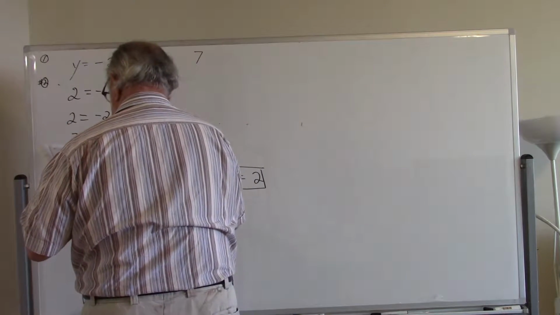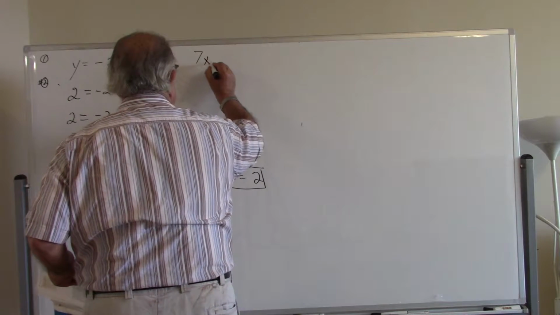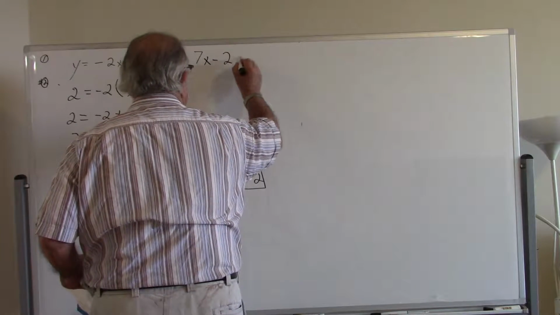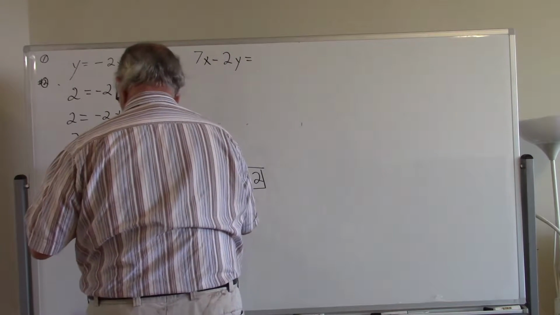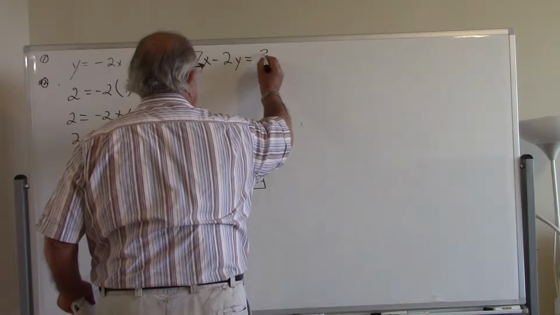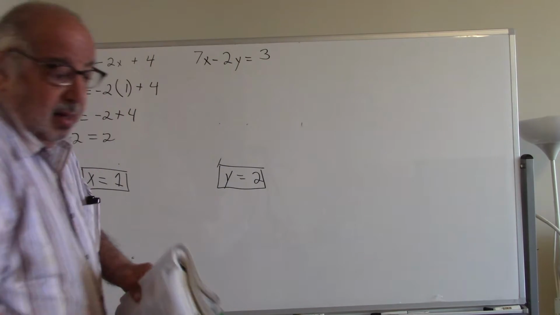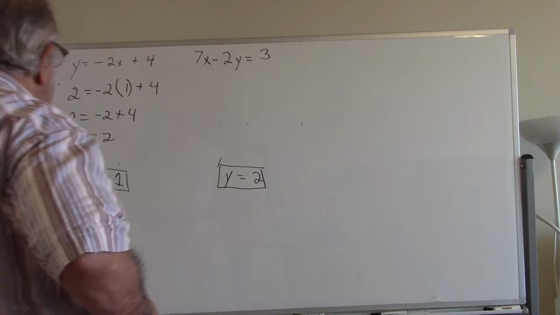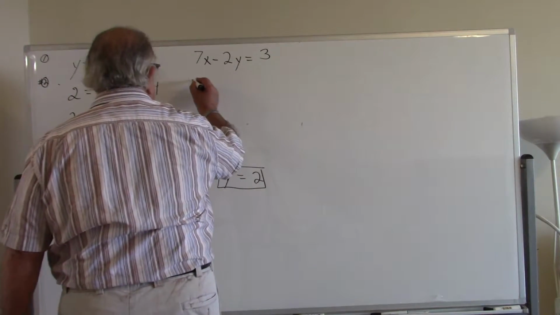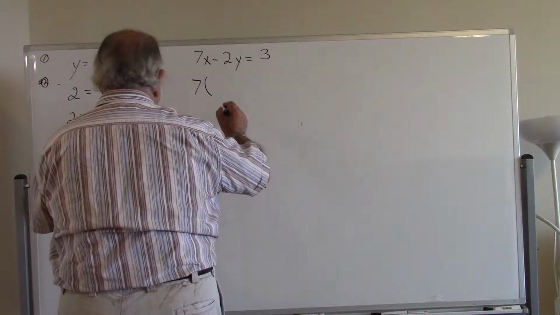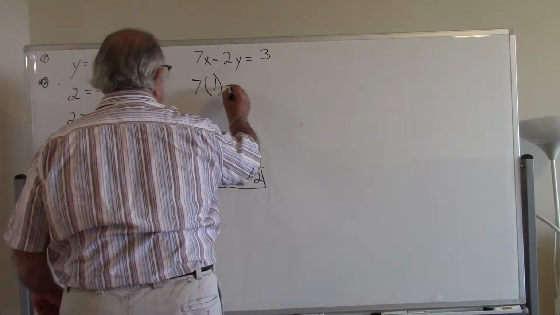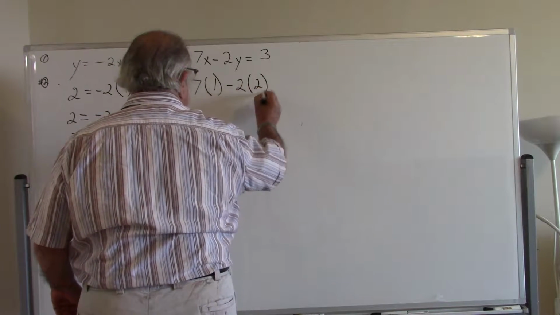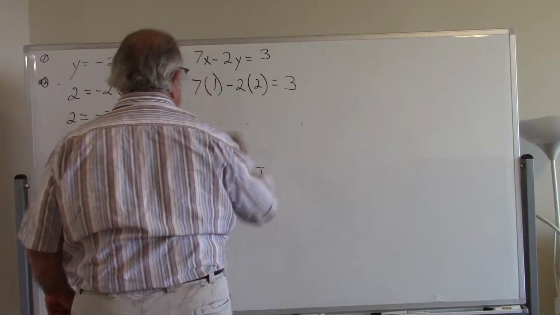7x minus 2y equals 3. 7, put the 1, minus 2 times 2 equals 3.